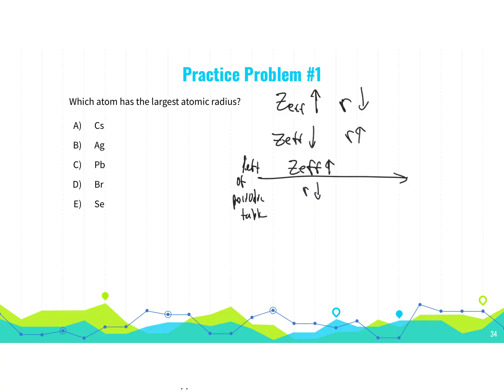Right, if we look at all of our atoms here, we look at selenium, that's really towards the right of the periodic table. Bromine is pretty much all the way to the top right of the periodic table, and so that's likely going to be a small atomic radius. Lead also is all the way to the right. Silver is somewhere in the middle. And if we look at cesium, right, that one is all the way to the bottom left of our periodic table.